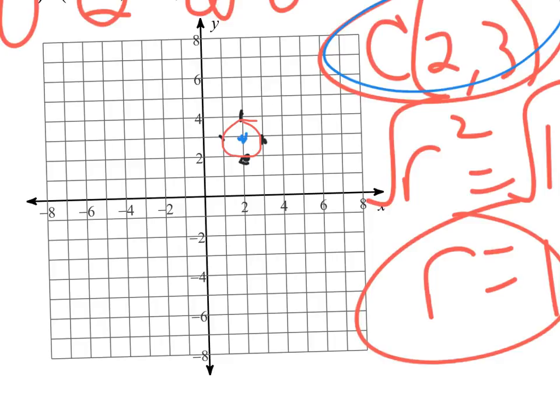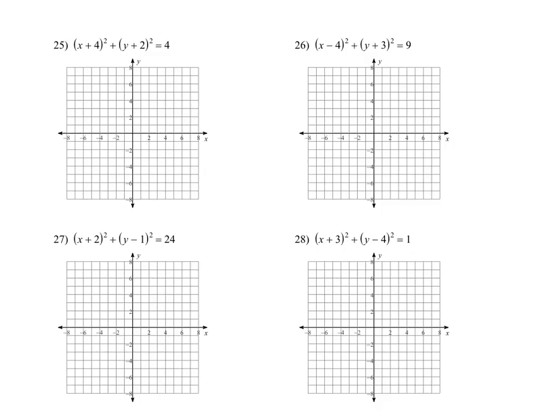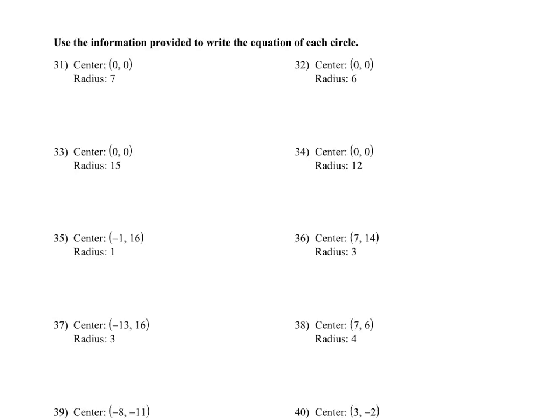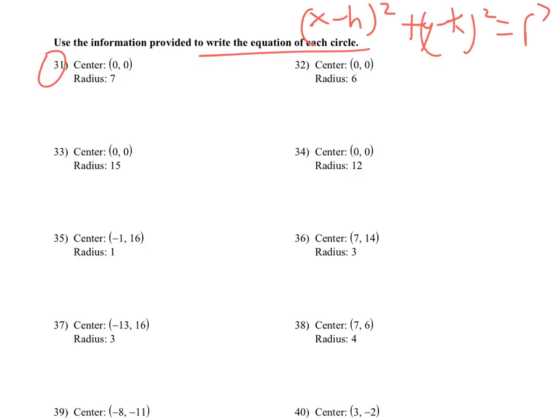Now if you go to the next page down, we're going to do number 31. For 31, they give me the center as (0, 0) and the radius is 7. Now we're going to write the equation. Okay, so it's x minus h squared plus y minus k squared equals the radius squared.